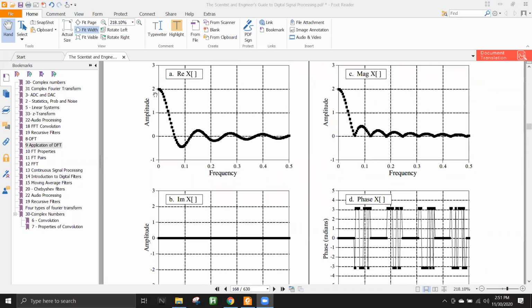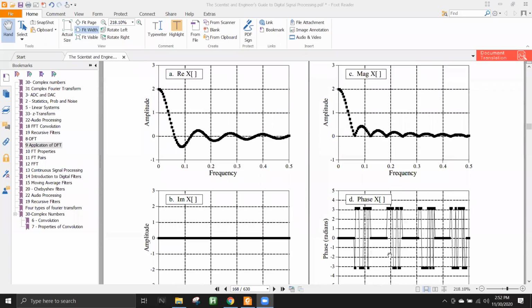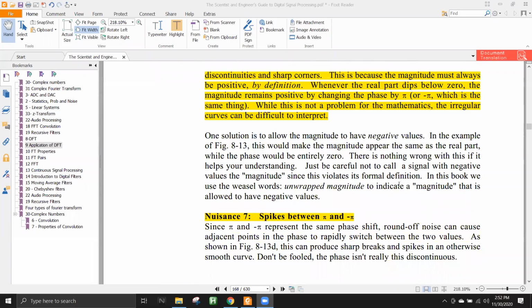Both of them come from scenarios where your real values are continuous, smooth and differentiable, but the imaginary values are constant zero. In such a scenario, we get this problem in the magnitude, which is nuisance 6, and in the phase, which is nuisance 7. So these two come from this one scenario.